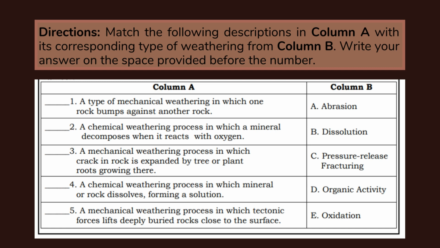Number 4, a chemical weathering process in which mineral or rock dissolves forming a solution. Number 5, the mechanical weathering process in which tectonic forces lift deeply buried rocks close to the surface.